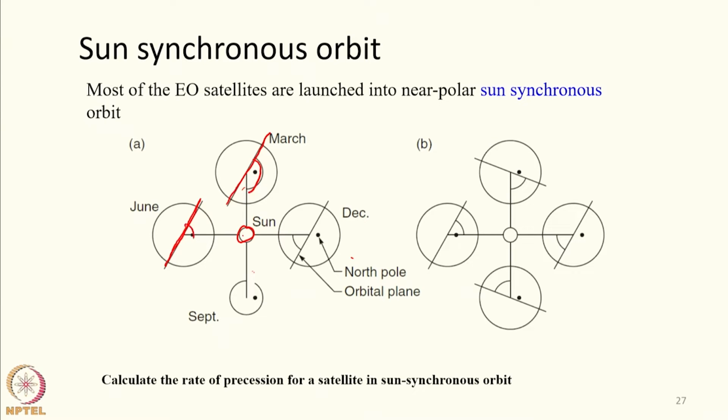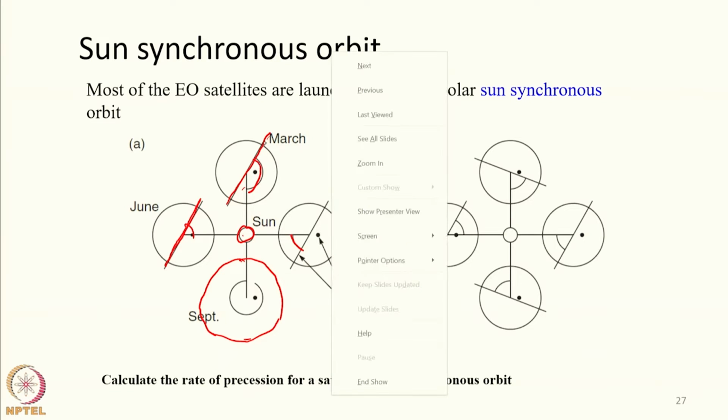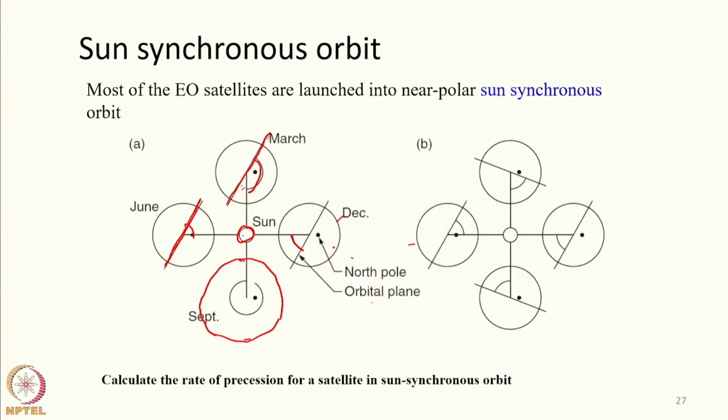Here actually the Earth is not seen, it is a mistake in the diagram. Earth will be like this. So these are the angles. This is the orbital plane, and the angle between the orbital plane and the line joining the sun and the Earth will keep on changing.